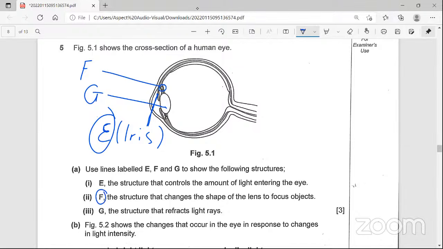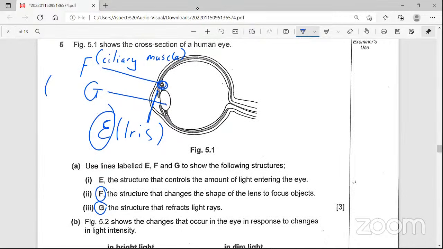They're just putting F and G. This one is your, all right. You said it's the ciliary muscle. And then your G is the, what is it called?